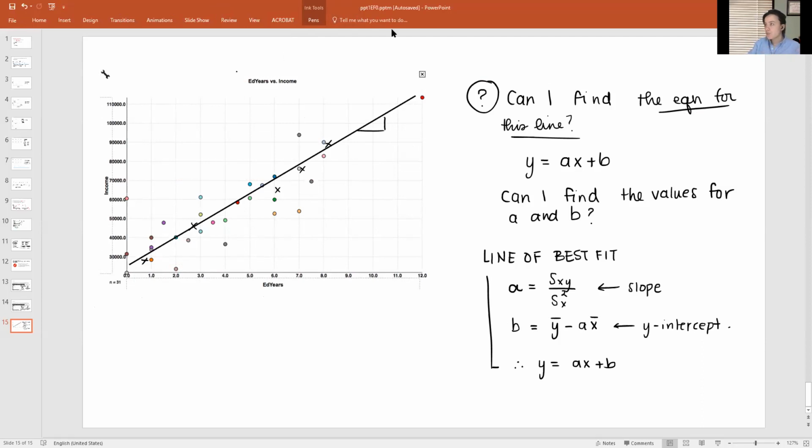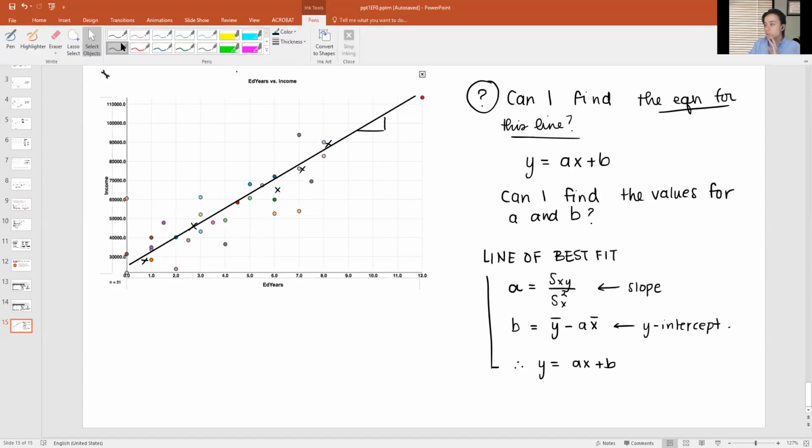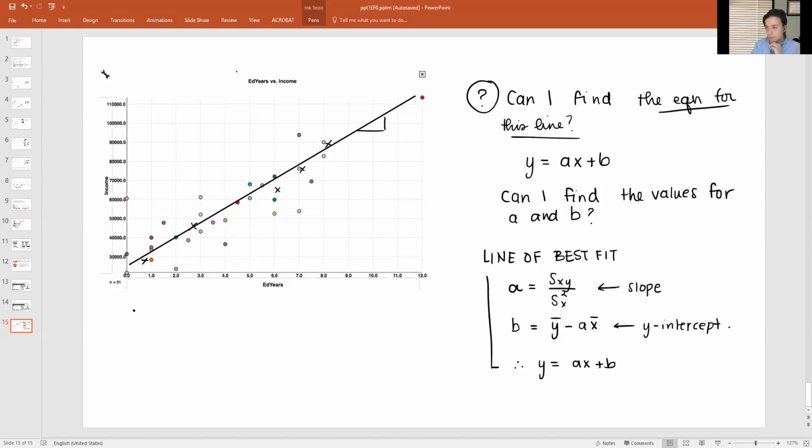All right, so just for interpretation, we're going to finish the example that we started a second ago. For interpretation's sake, we're going to think about what it means for A to be a given value. So a couple of remarks. The first thing is that the point whose first coordinate is x bar and second coordinate is y bar is always on the line of best fit, which is often also referred to as the regression line.